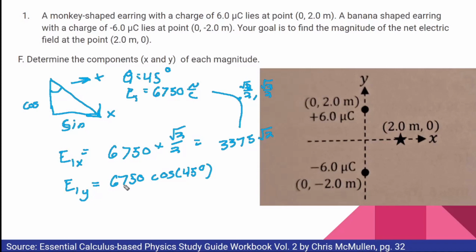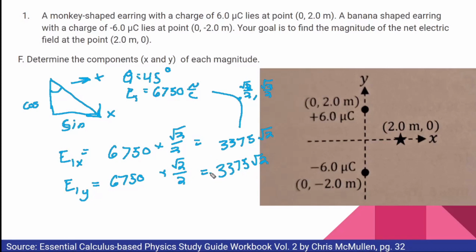When we multiply for our y, when we multiply the magnitude by a cosine of 45 degrees, it is also the square root of 2 divided by 2, which will yield us the same magnitude of 3,375 times the square root of 2.